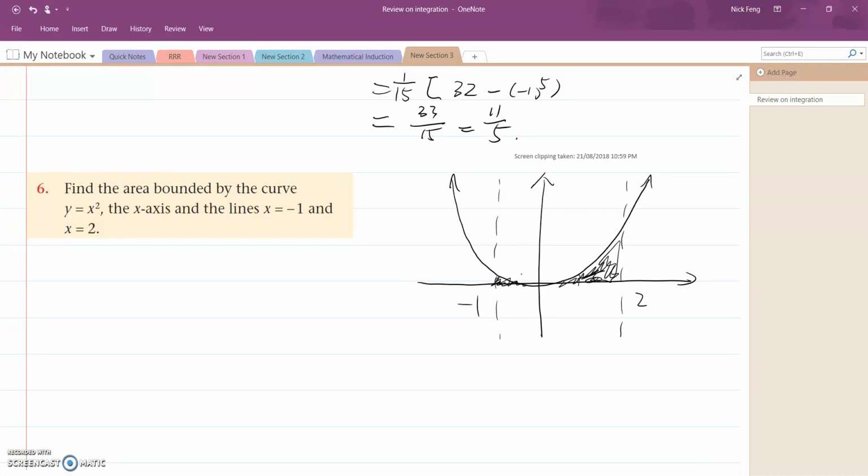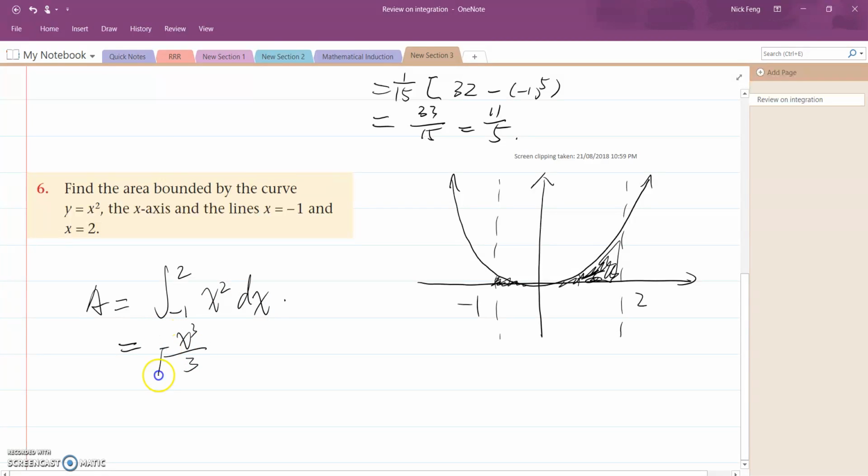Okay, so we use integration for this. So area equals integrating from -1 to 2 x squared dx, which is x cubed on 3, from -1 to 2, and I'll take a third out.